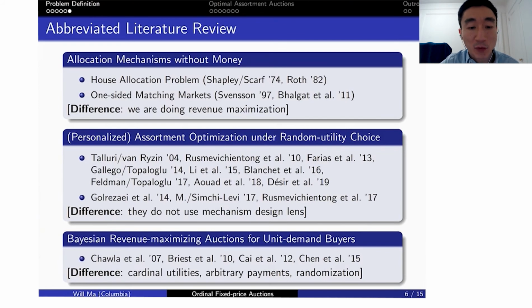The main difference between our work and those is that we're assuming the payments are fixed. So we're restricting to these ordinal preferences and these mechanisms that don't charge arbitrary prices, whereas the works listed here allow for arbitrary payments and randomized mechanisms.